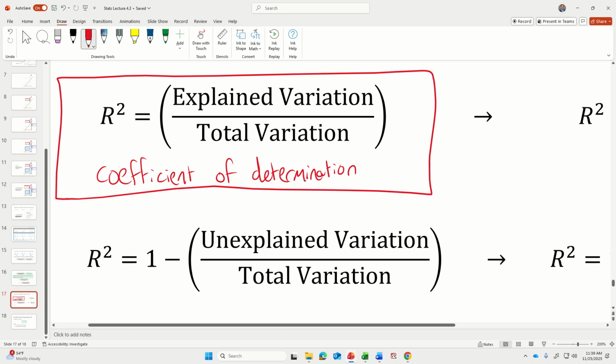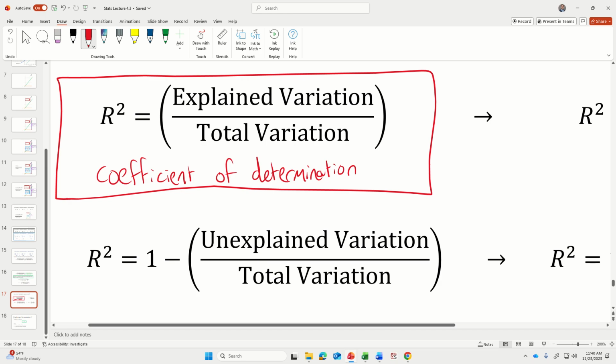So do we want r squared to be a big number or a small number? I want my model to do a really good job at explaining. I want my model to have a lot of explanatory power. So that means I want the explained variation to be big.